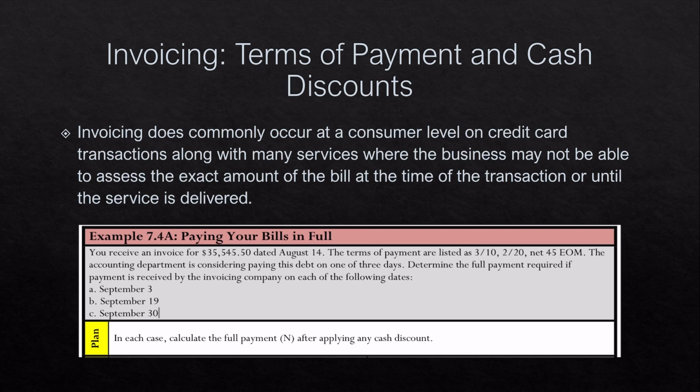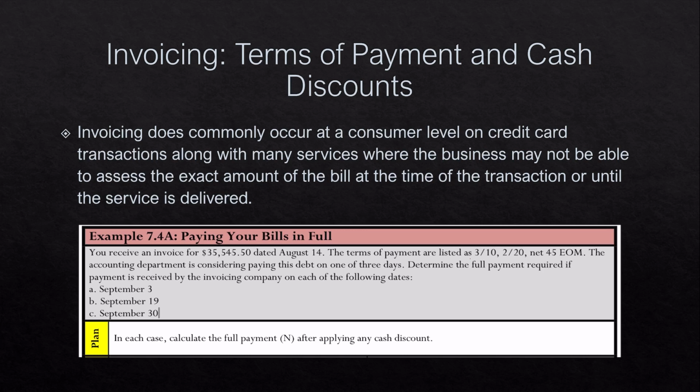Invoicing commonly occurs at a consumer level on credit card transactions, along with many services where the business may not be able to access the exact amount of the bill at the time of the transaction or until the service is delivered. So here is an example: you receive an invoice for 35,545.50 dated August 14.